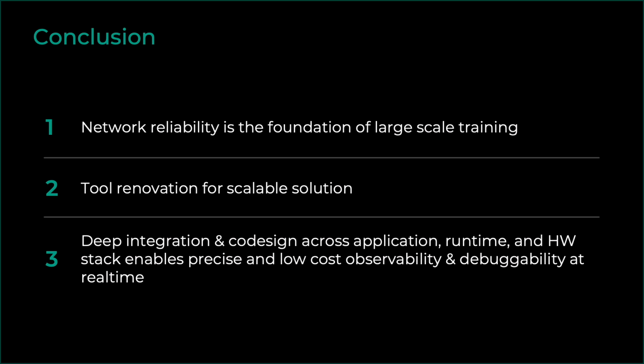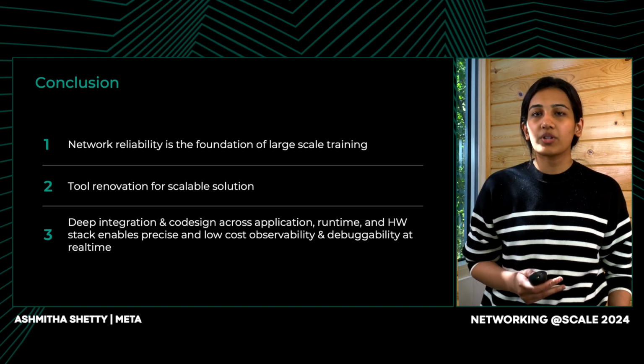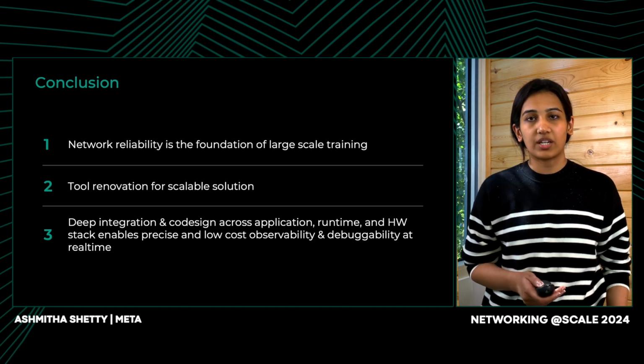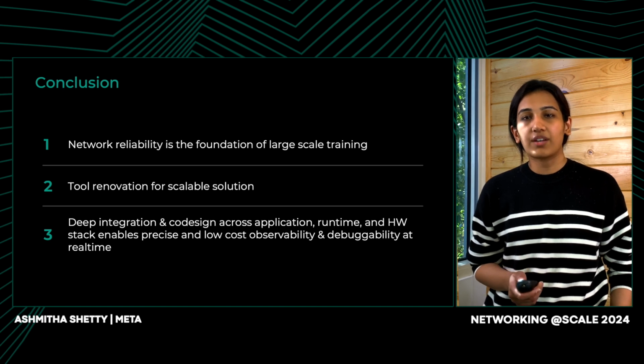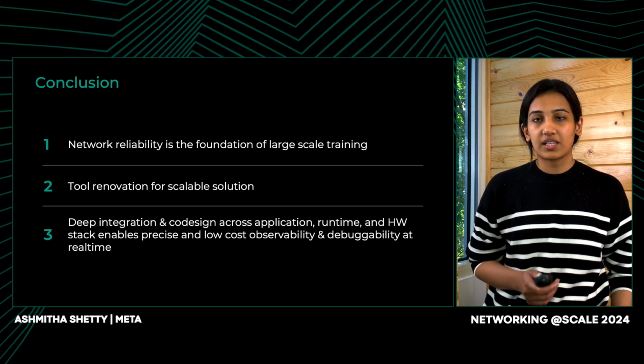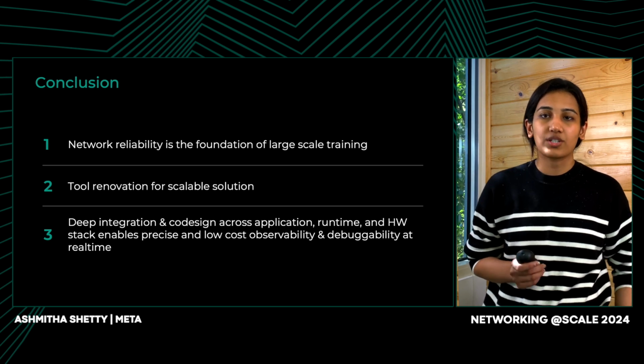For this reason, we added instrumentation in our application stack to enable precise and low-cost observability and debuggability in real time. This kind of integrated approach provides a more comprehensive understanding of our system behavior, making it easier and more accurate to identify and diagnose issues, thus enabling a reliable network with significantly reduced operational effort.